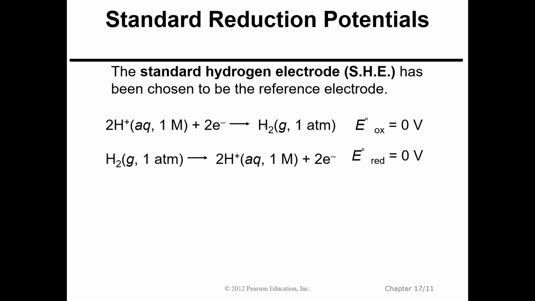So we have defined the standard hydrogen electrode to have a cell potential of 0 volts. Everything else is measured in relation to the standard hydrogen electrode. So whatever voltage we get when we measure something else in relation to a standard hydrogen electrode, that is the cell potential of that material.